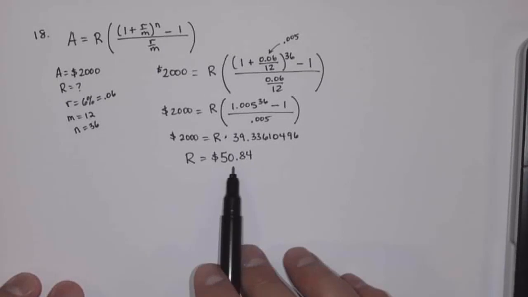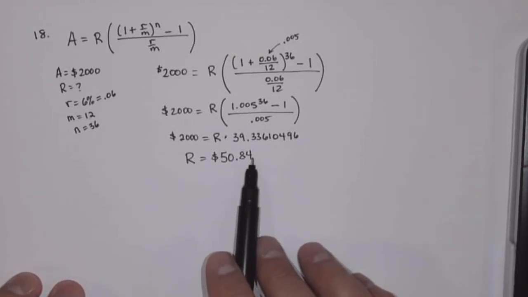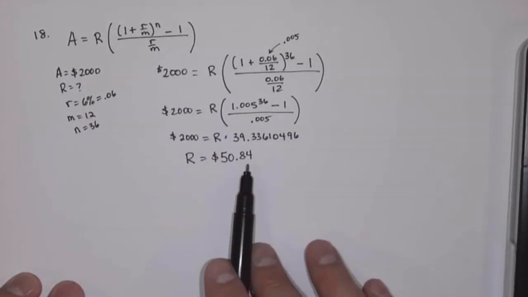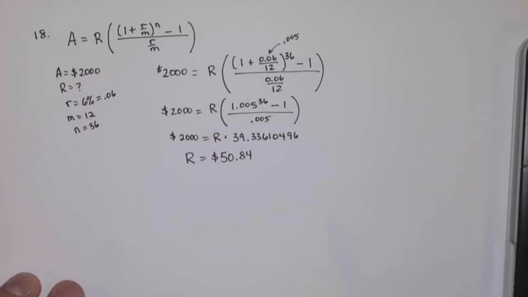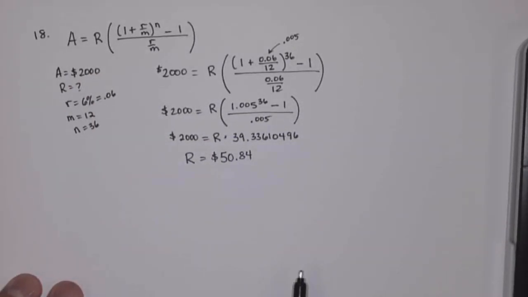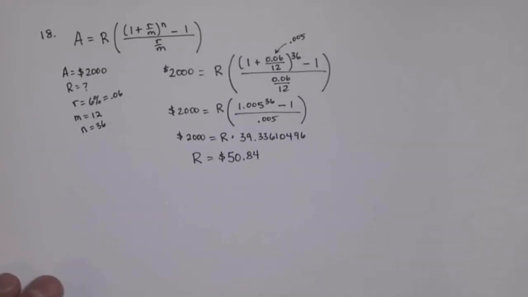And technically, if we round that down to 84 cents, we won't quite get to 2,000, so we really probably should round that up, but if we do that, then we'll get a little over $2,000. So approximately $50.84 or $50.85. So let's pick up with problem number 19 on a new video.